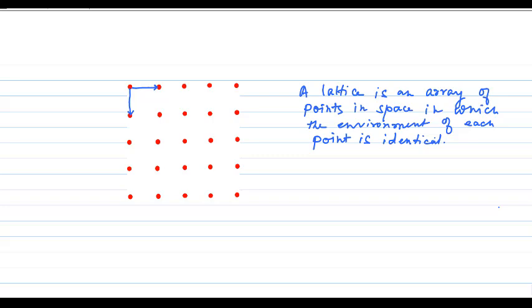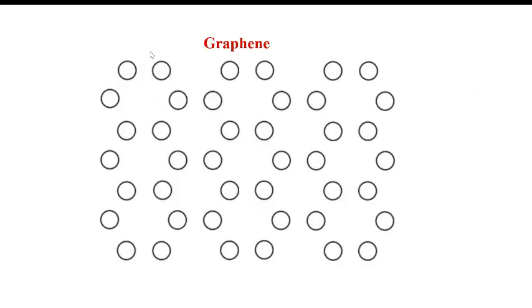I can demonstrate it with a small example again, and that will also lead us to a characteristic of the motif. So this is a 2D lattice. This is basically the structure of graphene. You can see those nice hexagons. Graphene is a single layer of graphite which has a hexagonal arrangement of the carbon atoms.